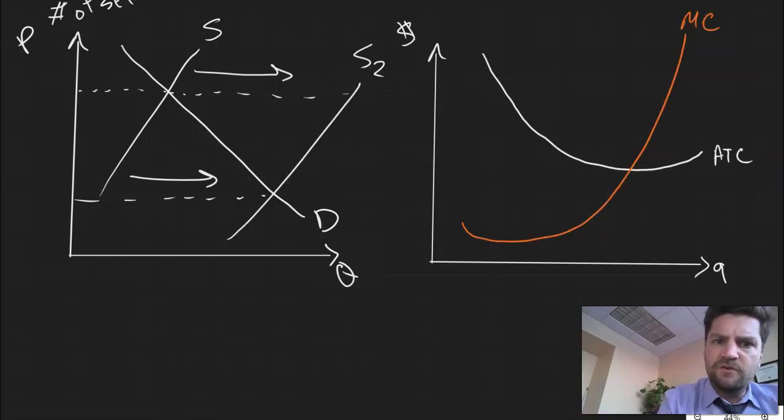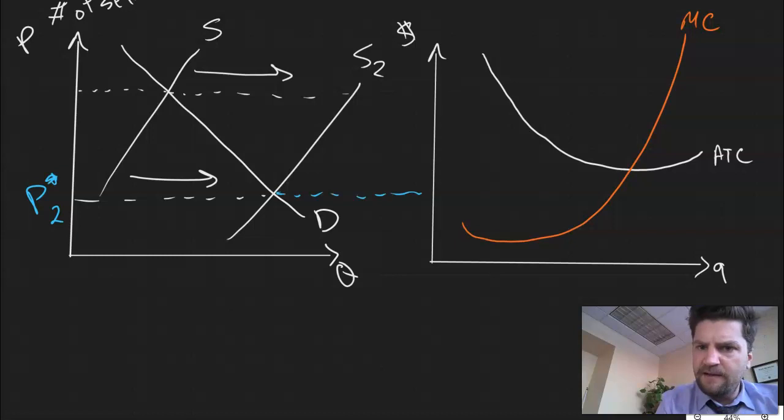Well, at this new price down here, this P2 star, if we go ahead and reflect that onto the individual firm's graph, what happens?